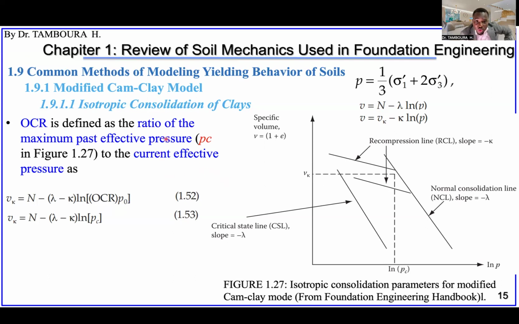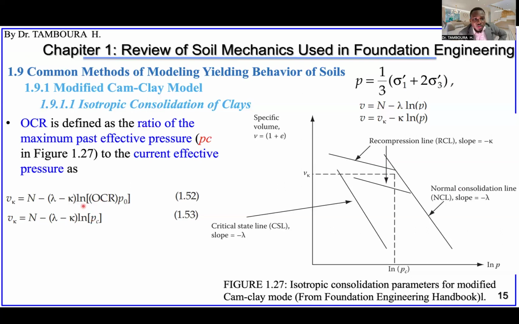The previous maximum load PC divided by the current load P0 gives the over consolidation ratio. It means OCR equals PC divided by P0. Then P0 multiplied by the over consolidation ratio is exactly PC, so you can replace this one by PC without any problem.